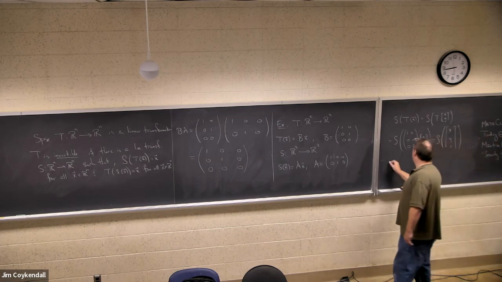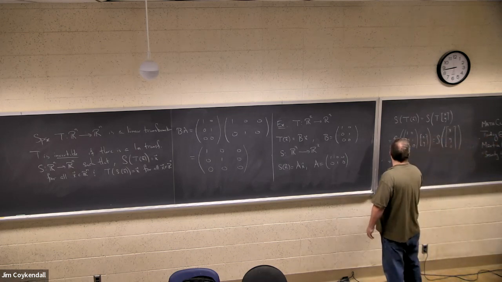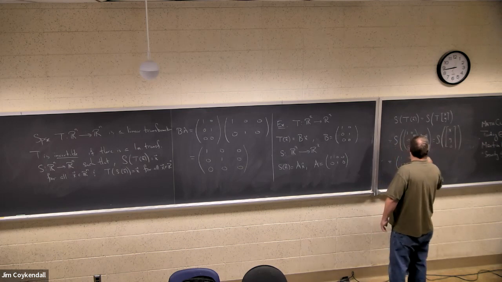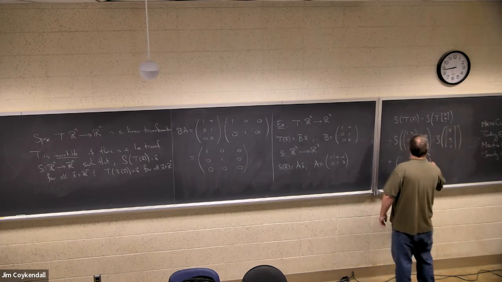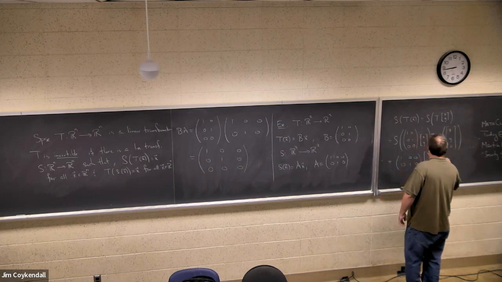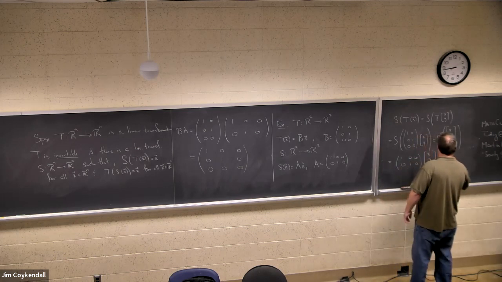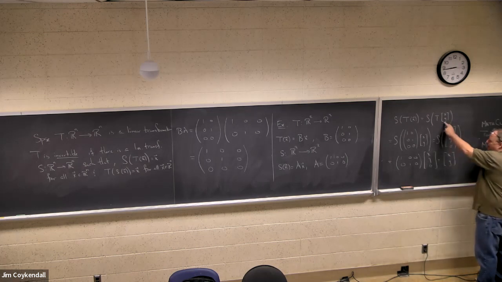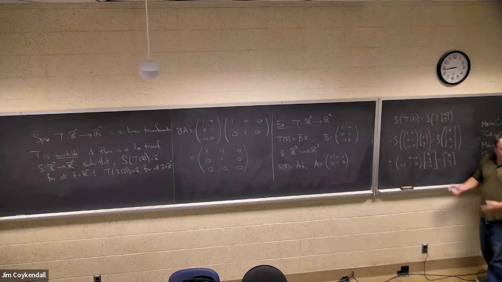And what does S do? S is multiplication by A. So it's 1, 0, 0, 0, 1, 0 times x, y, 0, which is the vector. So notice your input is (x, y), your output is (x, y).